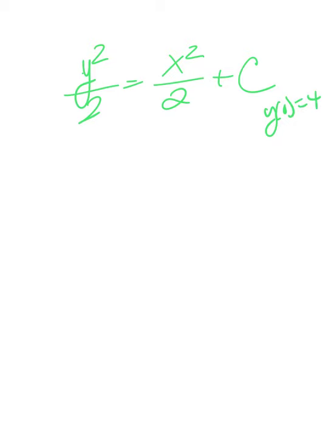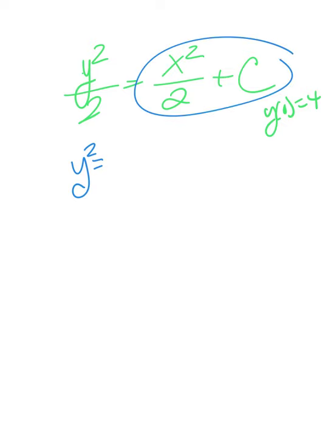Remember, our goal is to get y by itself. So first thing you're going to do is multiply everything by 2. So you're going to have y squared equals, and you multiply the whole right side by 2. Well, x squared over 2, the 2's cancel out, so you get x squared plus, remember, c is just a constant, so a constant times 2 is just going to be another constant.